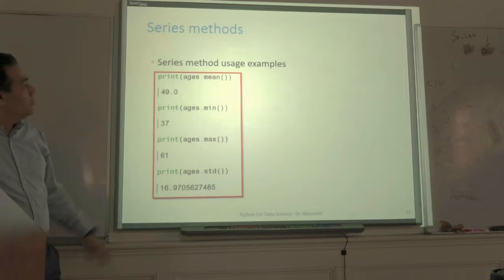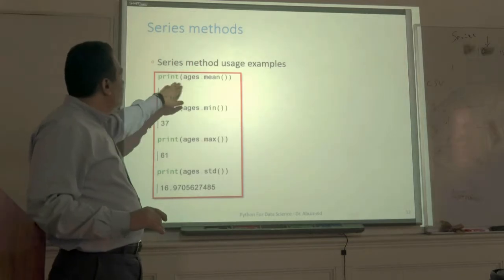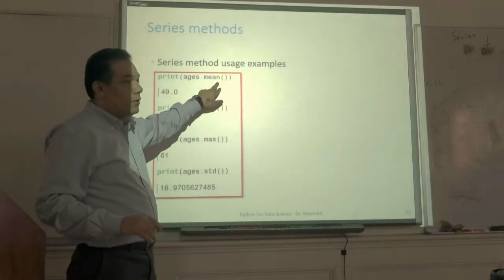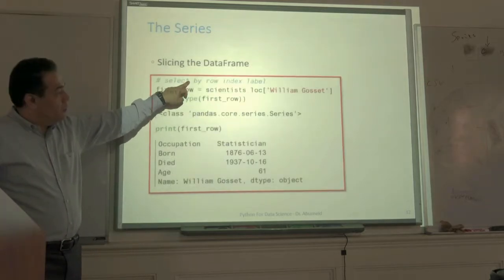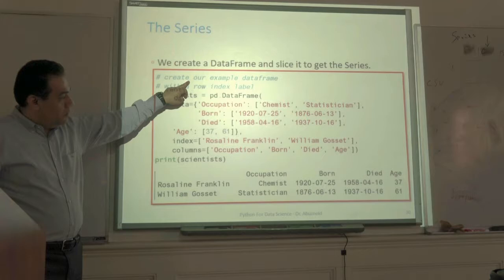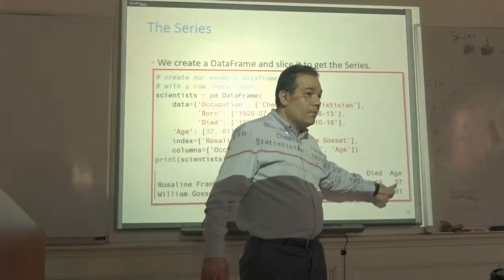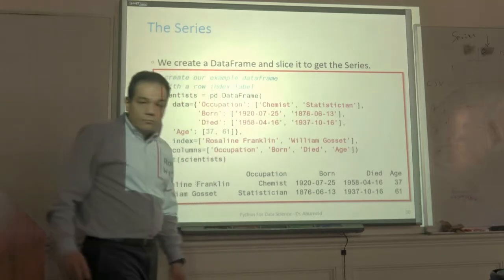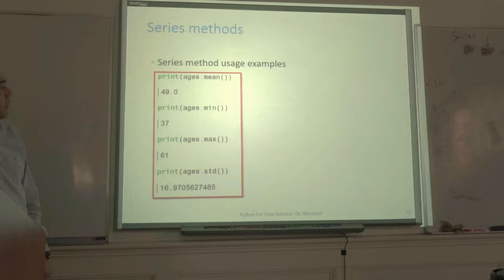So in here, a series method usage example. When I say print ages mean, what is ages? If I need to calculate the age, there's a file, ages.